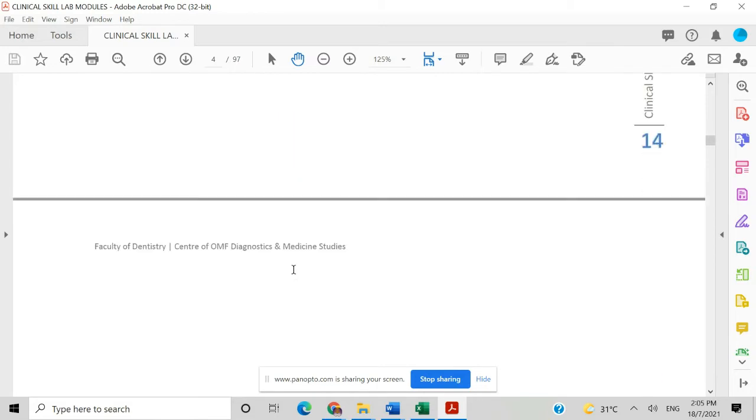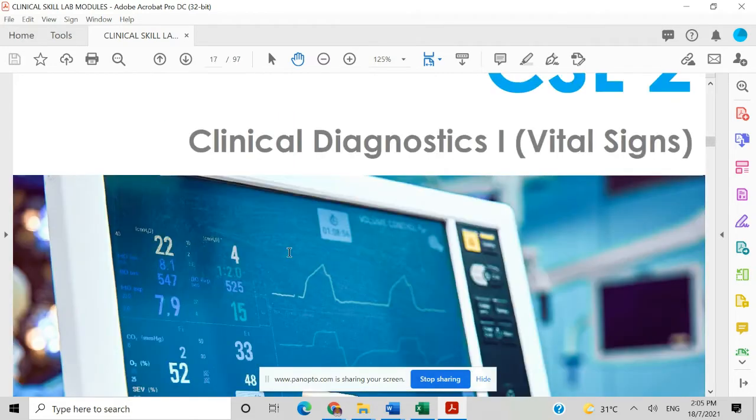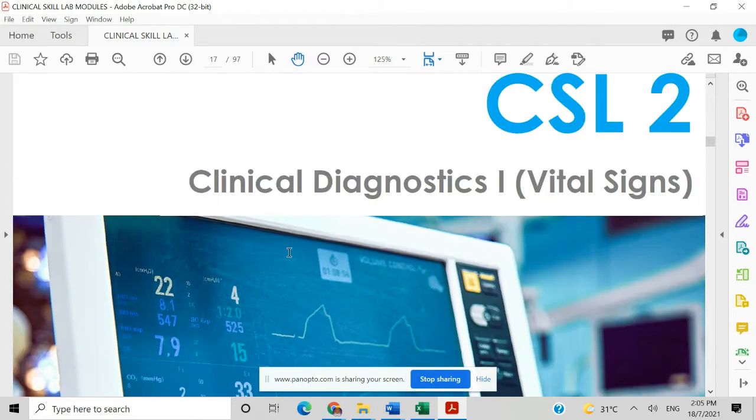For CSL number 2, most of you are well versed with the vital signs. You know what vital signs are, and you have done some of it in your foundation sciences or medical sciences. So in our clinical skill lab, we will be doing more on the clinical practical, on the clinical usage of those theories.